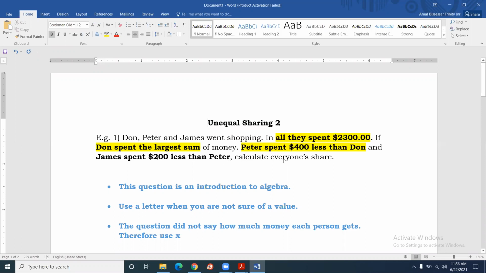I have to calculate everyone's share, so we can work with everyone's share. But before I go to the question itself, and I work anything, I want to focus a bit on the statements written here. Peter spent $400 less than Don. That is a simple one.